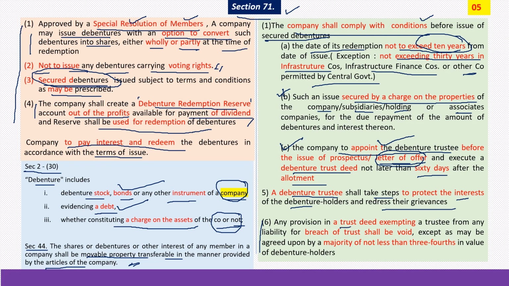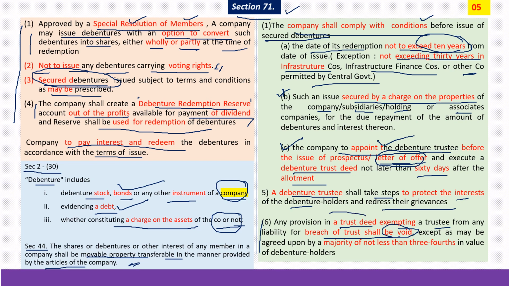Any trust deed which is lenient on the trustee and exempts him from liability for breach of trust, it shall be void. Trustee is responsible to be diligent, careful, and act trustfully. If there is a breach, he has to be punished.